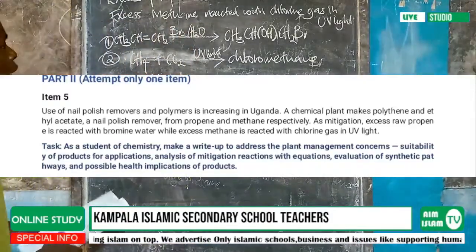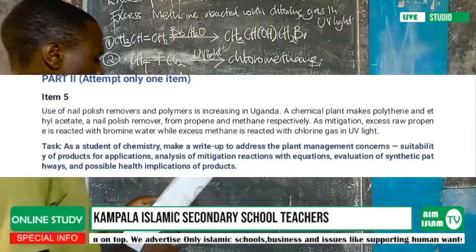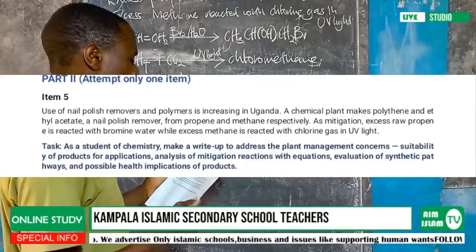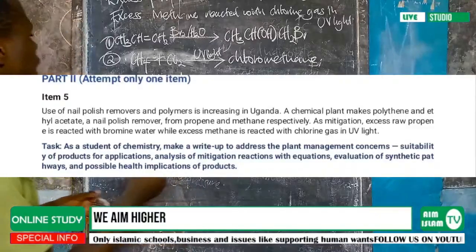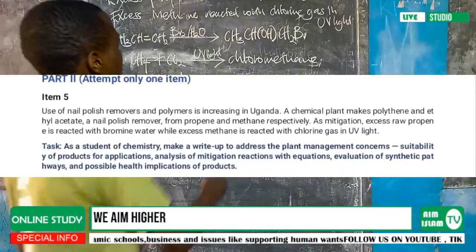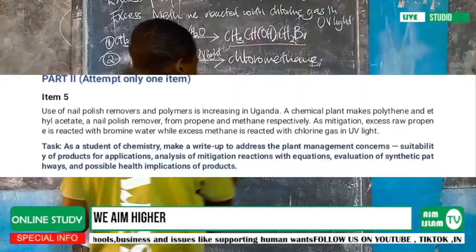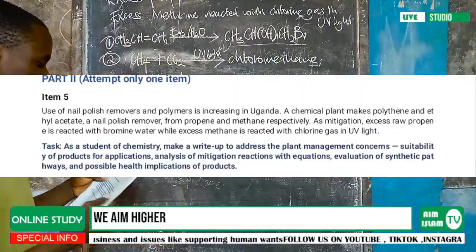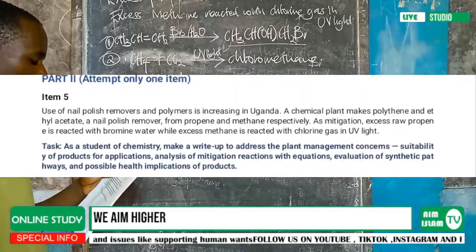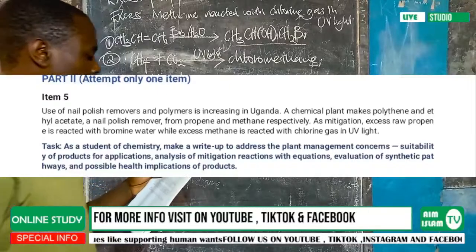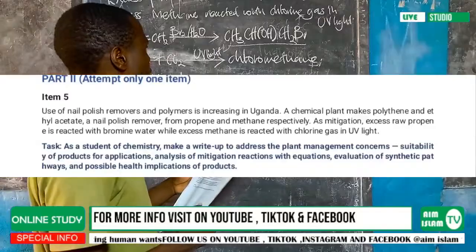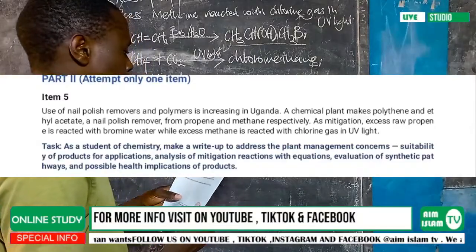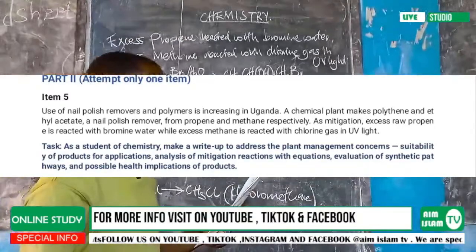So they are just telling us to elaborate more on the stability of these products for the application. How are they suitable to be applied in the environment, to be applied in our daily life?